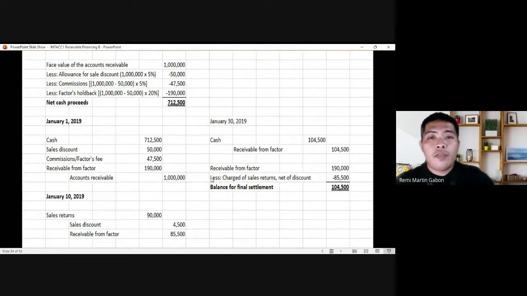So the balance for final settlement is 104,500. Okay?